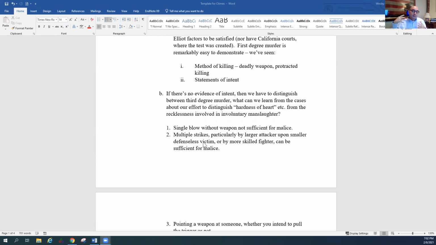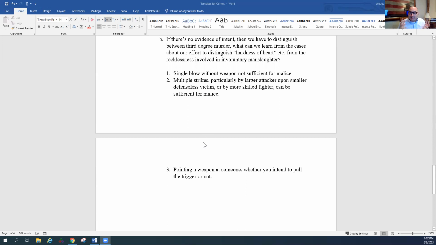So if you beat the person several times, particularly if you're larger, or if you are a particularly skilled fighter, then that can show the malice that we're talking about. Pointing a weapon at someone, whether you intend to pull the trigger or not, is enough to show the extreme recklessness that we assume for a malicious killing.